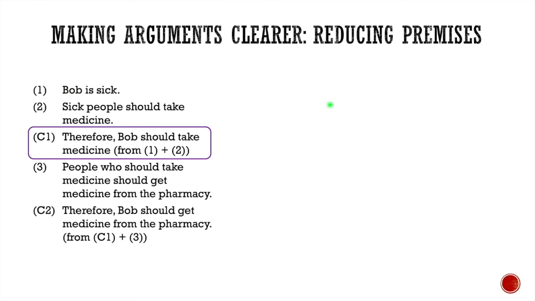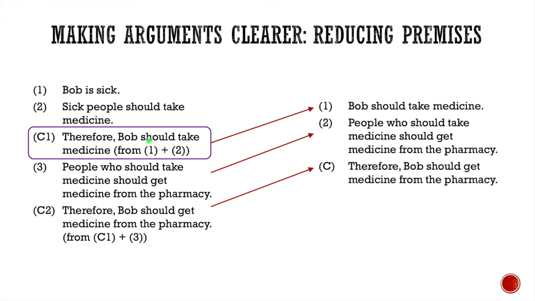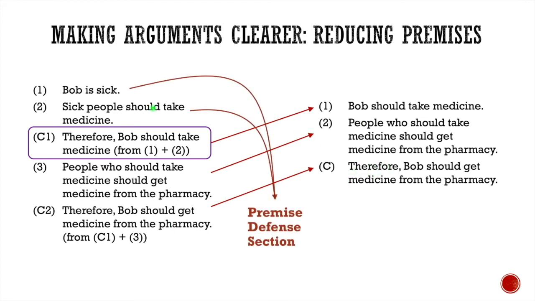Now we just want to reduce the amount of lines we have. We can do that by taking these 3, making this one our first premise, this one our second premise, and this one our conclusion. And then we take these 2 premises and put them after the formal presentation of the argument in a premise defense section.